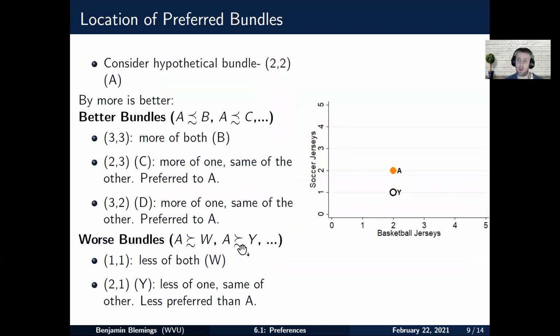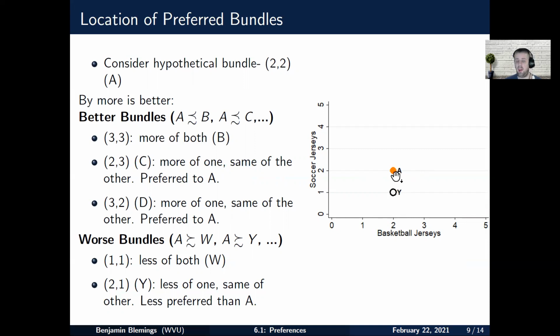All right, now point Y. All right, so now you have the same amount of basketball jerseys and 1 less soccer jersey. We know for sure that A is preferred to Y because you lost a soccer jersey and you didn't gain any new basketball jerseys.